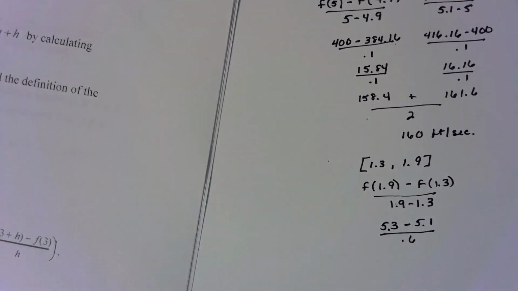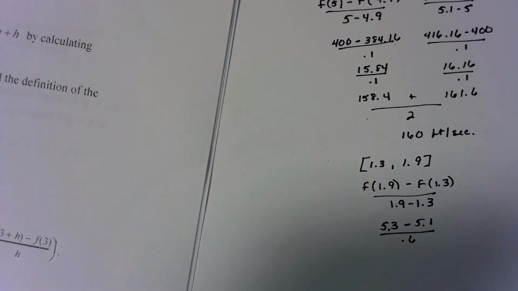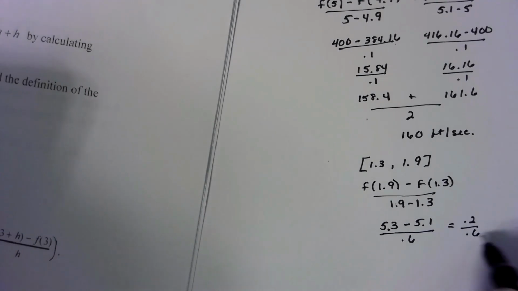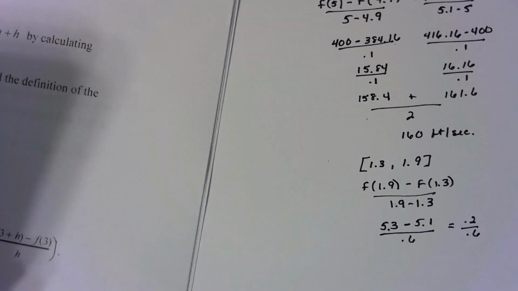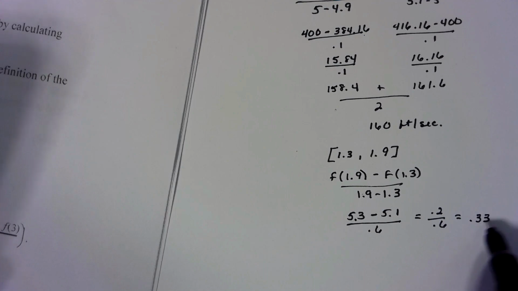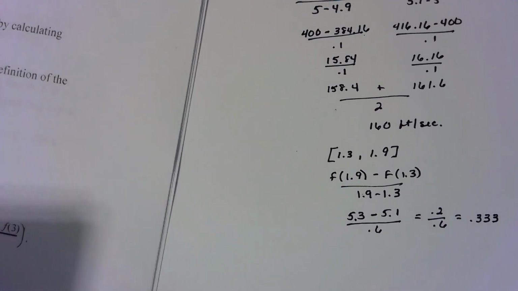And 5.3 minus 5.1 is 0.2 divided by 0.6, or 2/10 divided by 6/10, right? And so anyway, we get about 0.333. That's the average velocity over that particular interval.